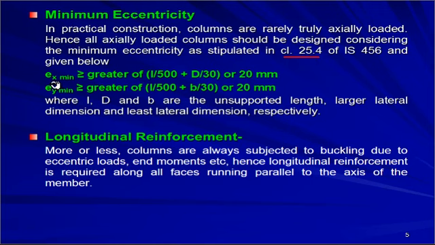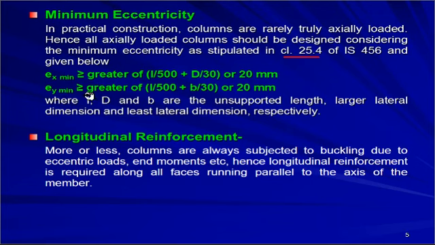According to this clause, the eccentricity about the x-axis, denoted as EX minimum, shall be greater than L by 500 plus D by 30, where L is the unsupported length and D is the depth of the column, or 20 mm, whichever is greater.